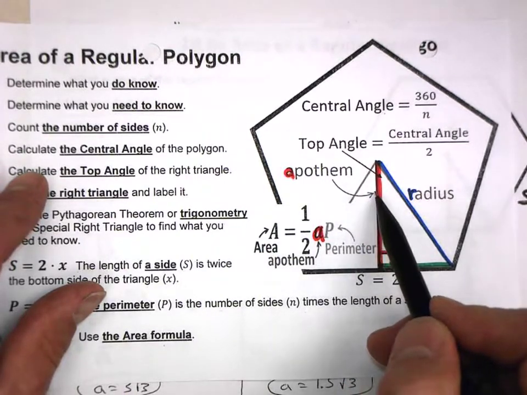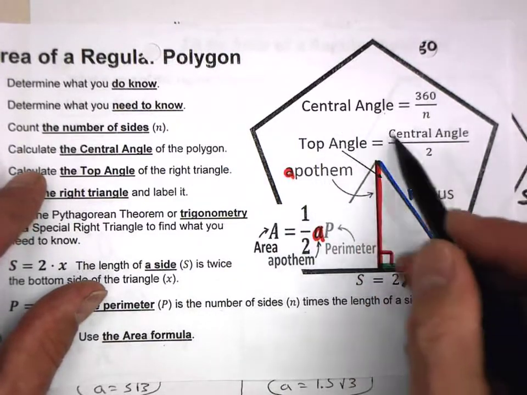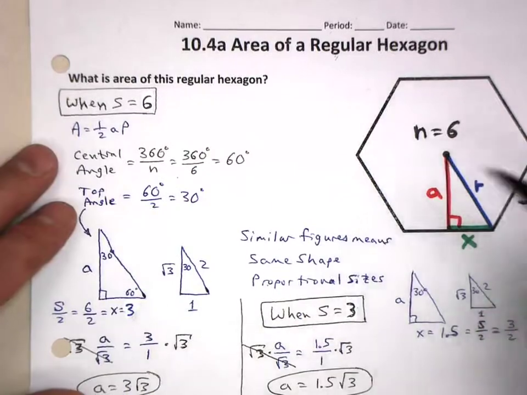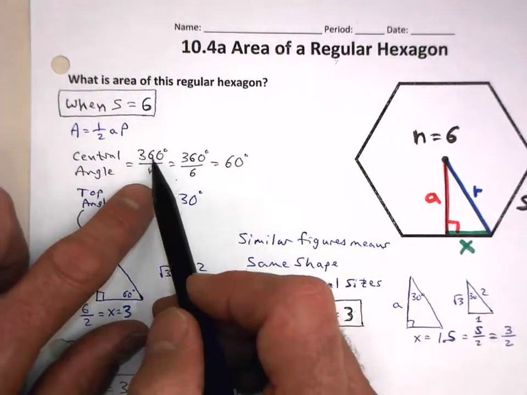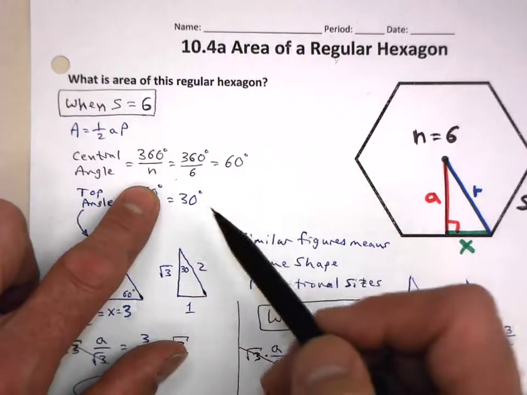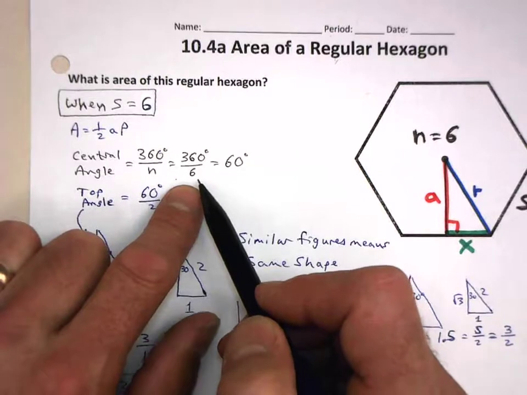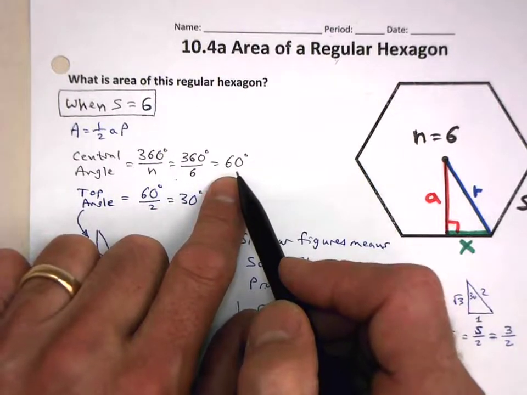And there are as many central angles as there are sides in the regular polygon. And so we take 360 degrees, divide it by the number of sides. In this case we are using a hexagon, so 360 divided by 6 gives us 60 degrees.